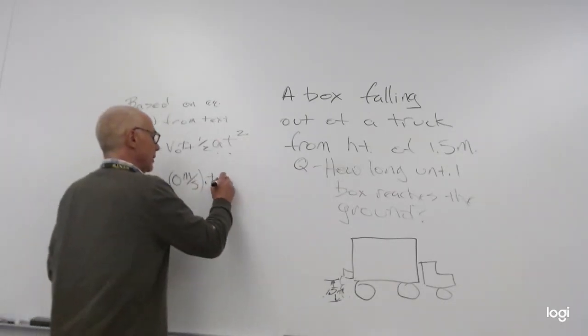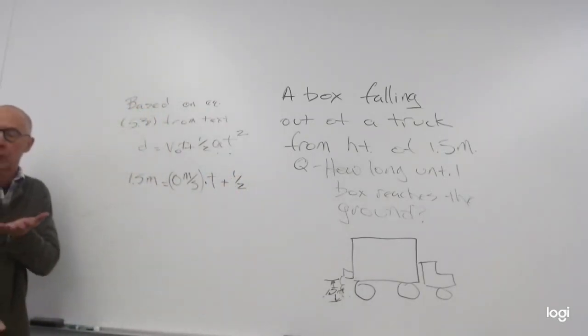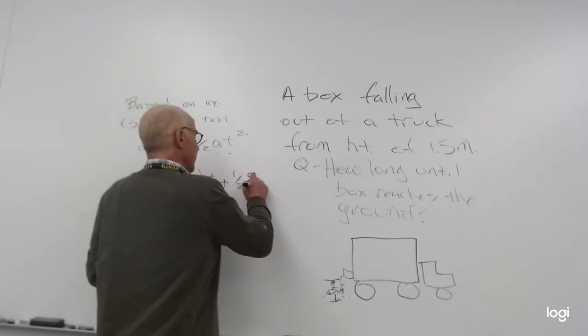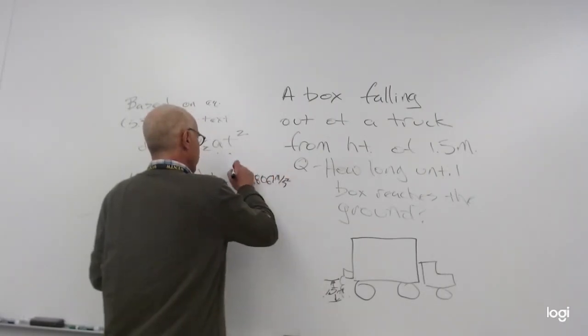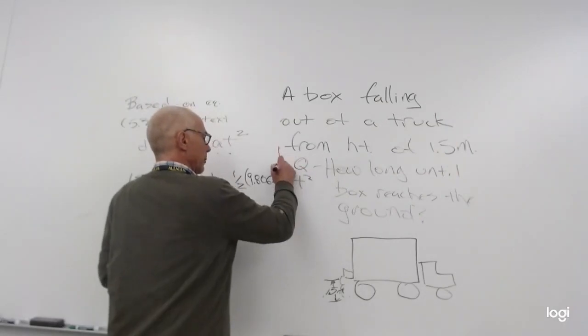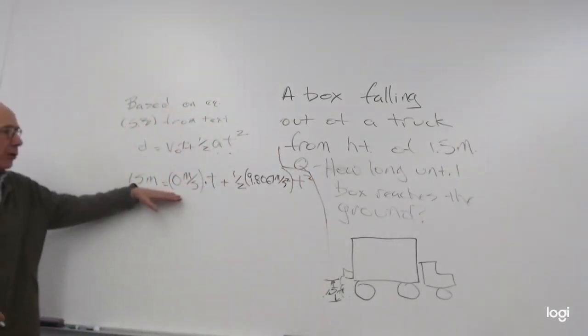And then plus 1/2, and we know that the vertical gravitational acceleration is 9.81 meters per second squared, times t squared. I'm sorry, I'm invading the territory here. All right, so here's our equation.